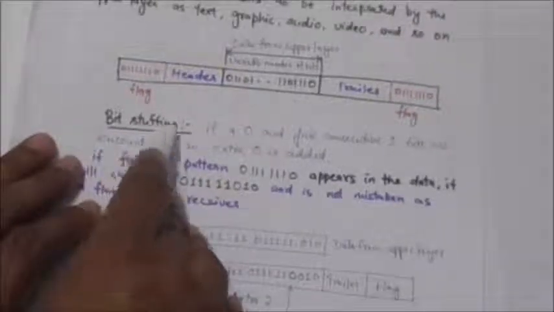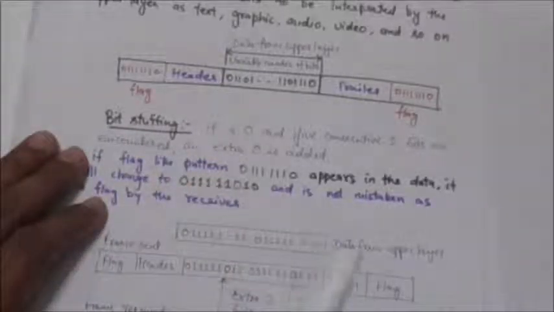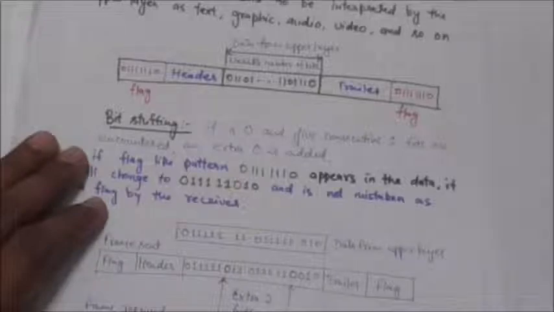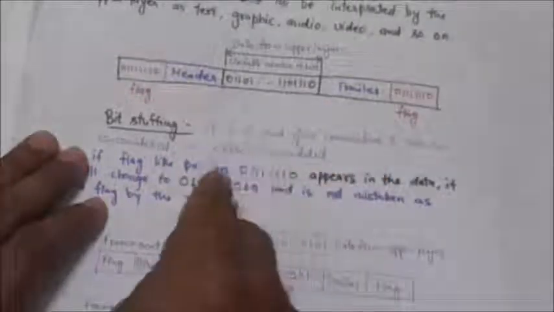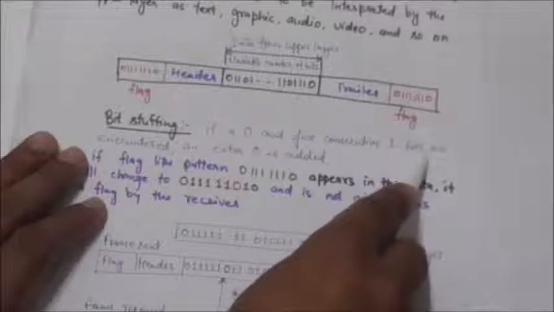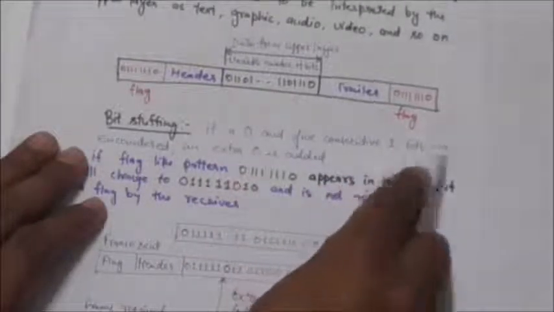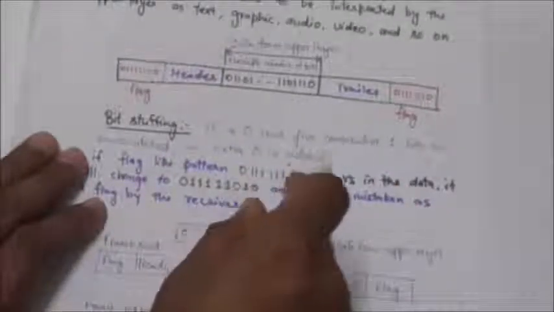So what happens in bit stuffing? In bit stuffing, an extra 0 is added. Where is this extra 0 added? If a 0 and 5 consecutive 1 bits are encountered, then an extra 0 is added.